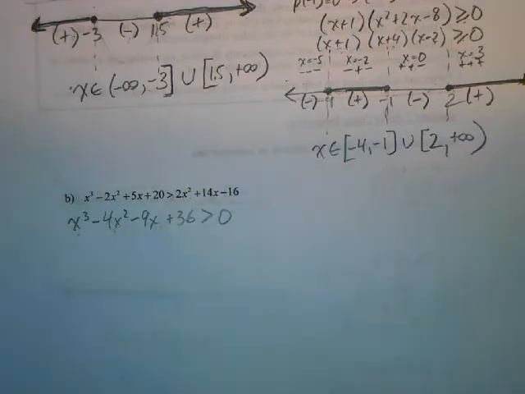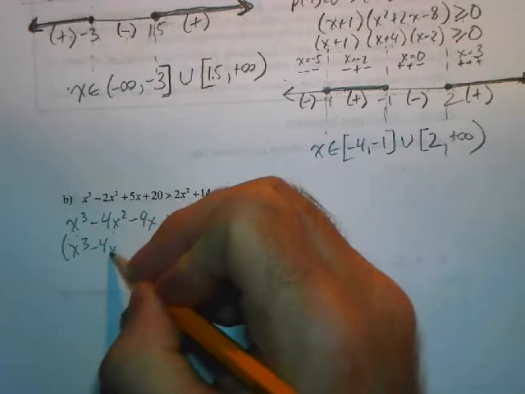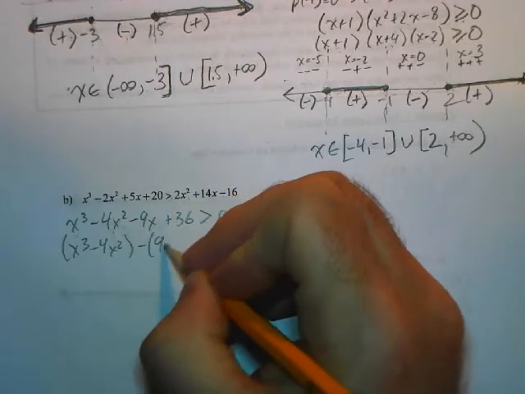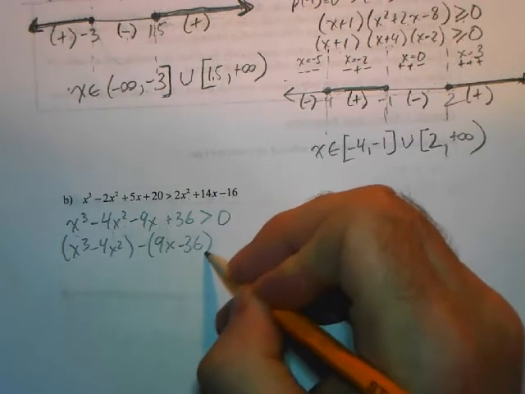So let's try it and see if it works, because if it does, it'll save a lot of work. So if I group them first, x cubed minus 4x squared minus 9x, don't forget I got to change the sign there to minus 36.